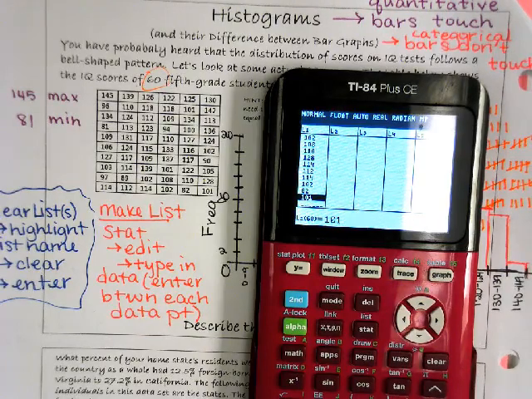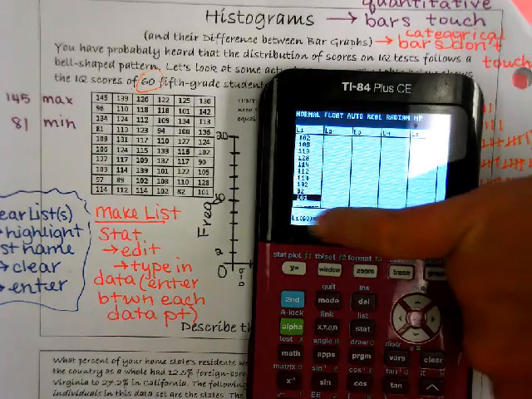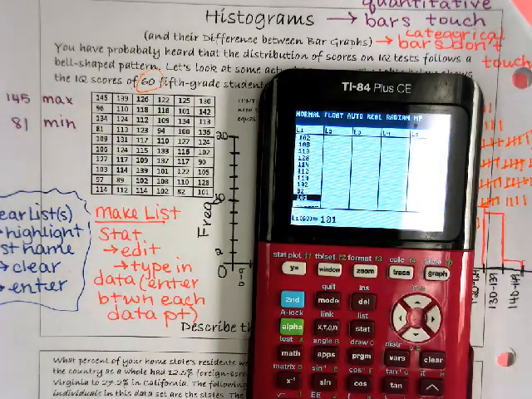If you are off, you have more, you have less, don't stress about it right now. I want to make sure we all can do a histogram with the calculator, and having a few extra pieces or a few less is not going to be a horrible thing right now. All right, everybody good on their list?